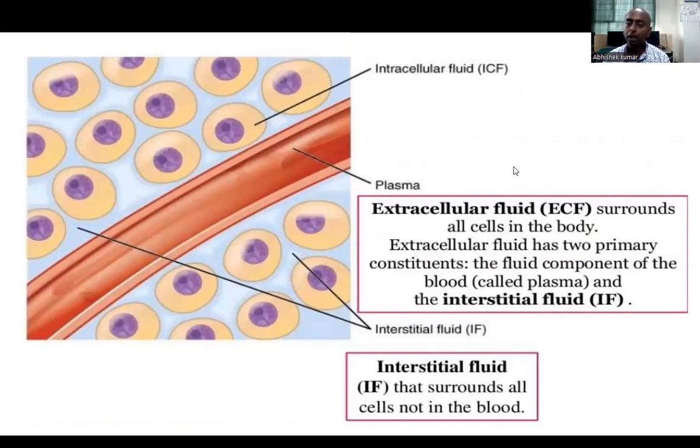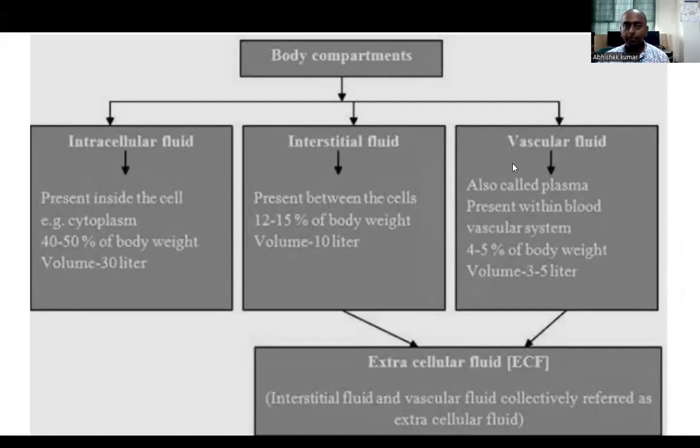Extracellular fluid has two primary constituents: the fluid component of blood called plasma, and the interstitial fluid, which surrounds all the cells not in the blood. So the body compartments are intracellular fluid, interstitial and vascular fluid. Vascular fluid comes under extracellular fluids.